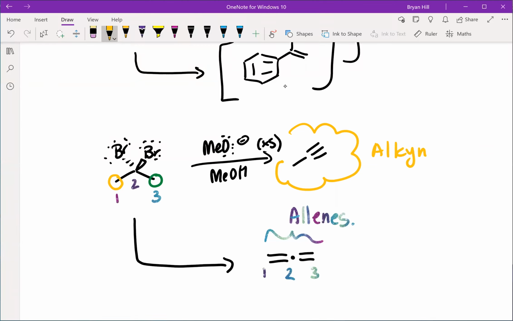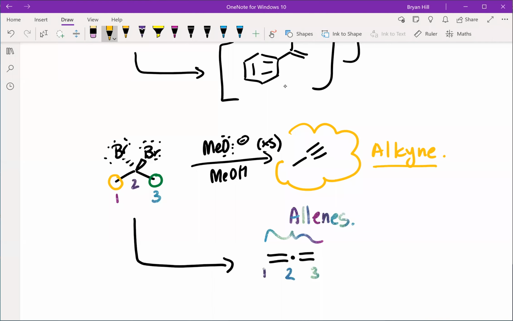You can make alkenes, but this isn't the most effective way of doing it because alkynes are a major side product. So just keep that in mind. For the sake of what we're doing in our class, if we have a 1,1 dihalide and you can remove a proton from either side, just assume that you make the alkyne as the major product. The alkenes have interesting chemistry all by themselves.